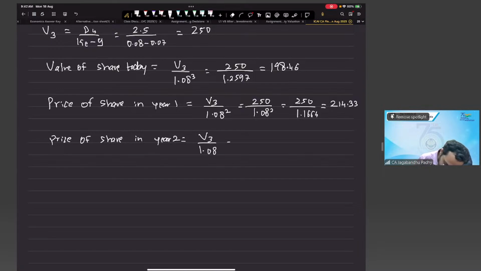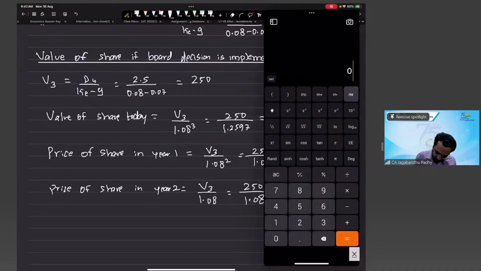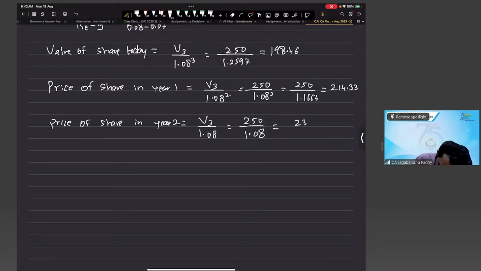V3 divided by 1.08, which is 250 upon 1.08. 250 divided by 1.08 is 231.48. Okay. So the value of the share today is 198.46. Value of the share in year 1 is 214.33. Value of the share in year 2 is 231.48.